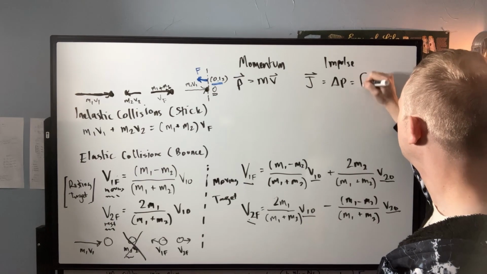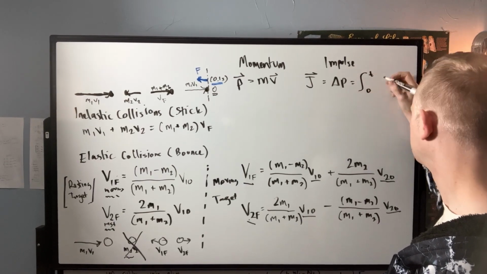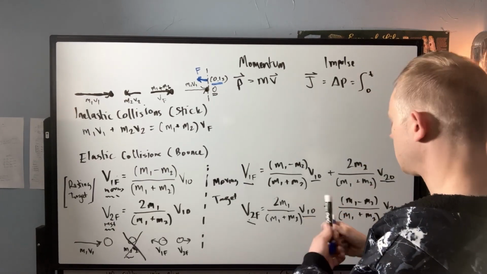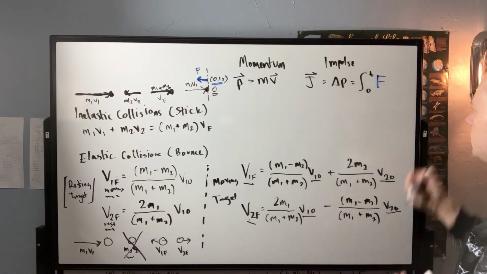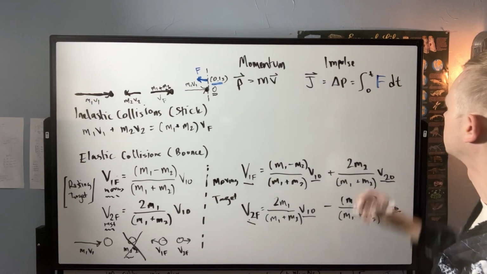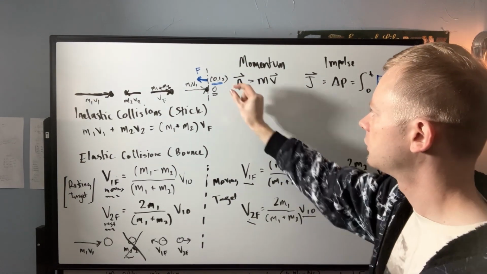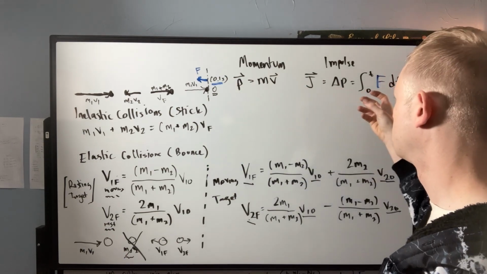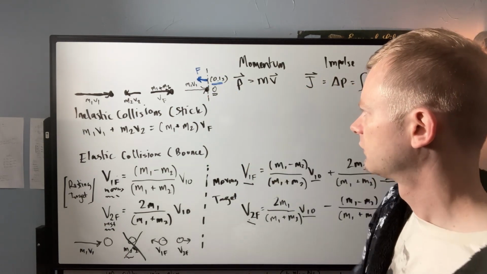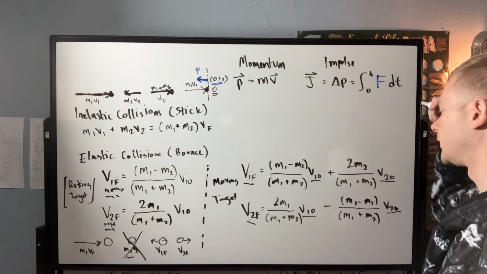We could represent that as the integral from 0 to t of that blue F right here. There's that force, and it's the integral over time. The small, short period of time that we had there, that little force, is the impulse that slowed this ball.